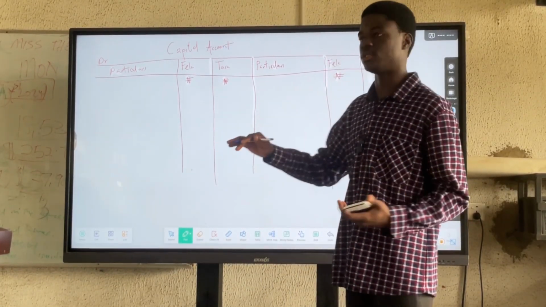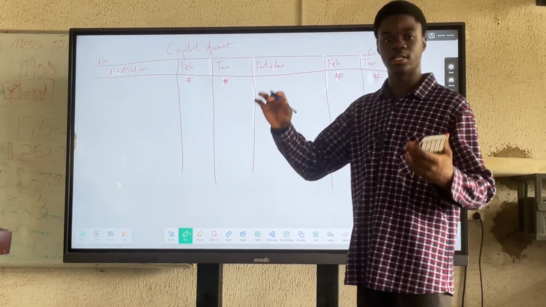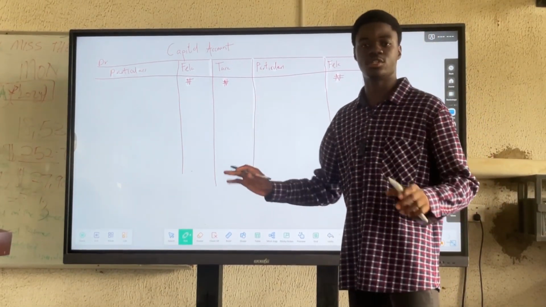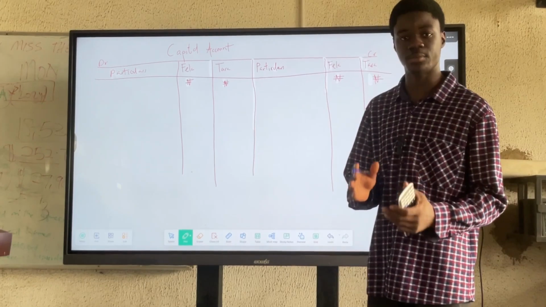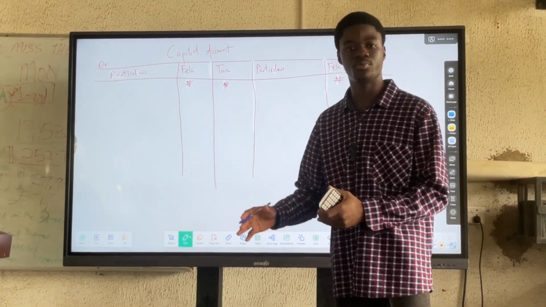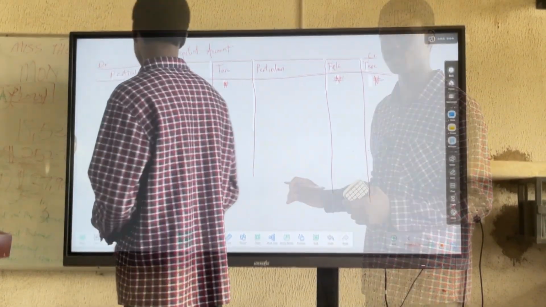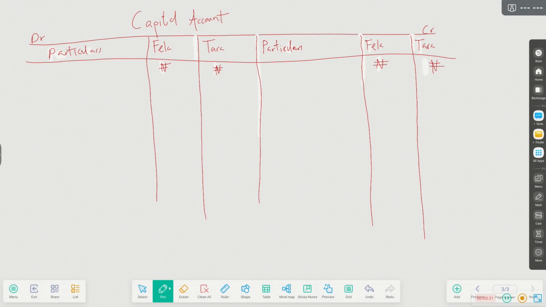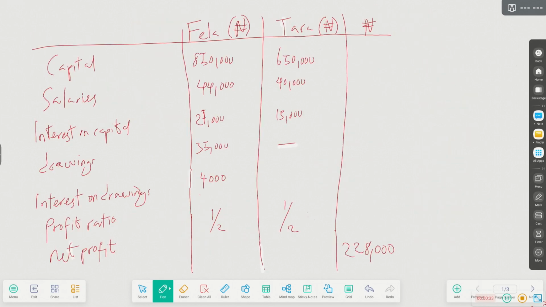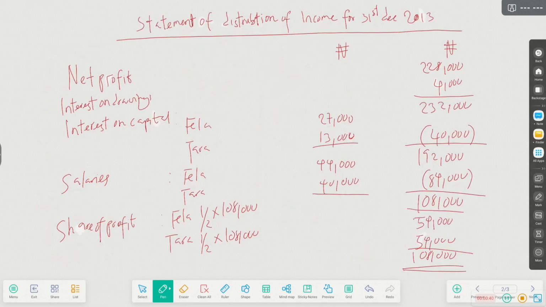All you put in the capital account are the capital balances, no other transaction, because all other transactions in the partnership will be accounted for using the current account. So based on the schedule I prepared earlier, the capital account balances for Fela and Tara are 850,000 and 650,000 respectively.